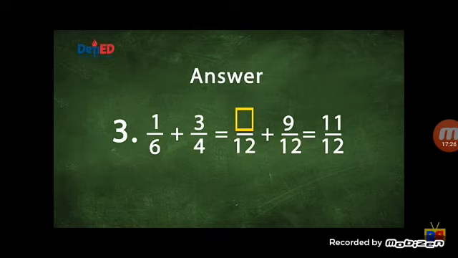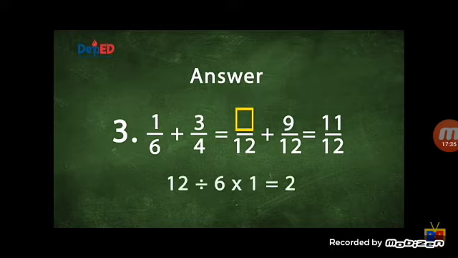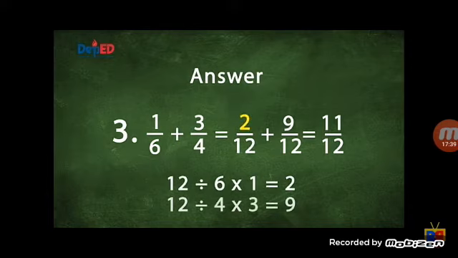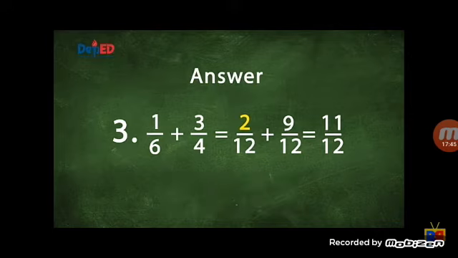Step 2. Divide the LCD by the given denominators and multiply by the given numerators. 12 divided by 6 times 1 equals 2. 12 divided by 4 times 3 equals 9. So, the missing number is 2.